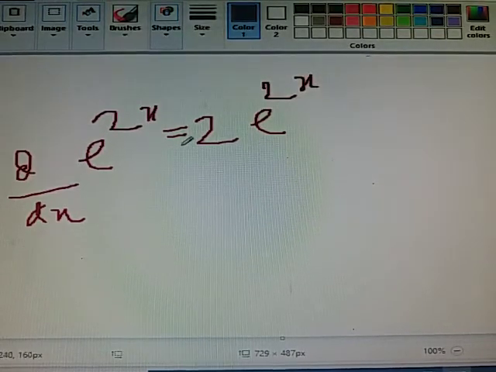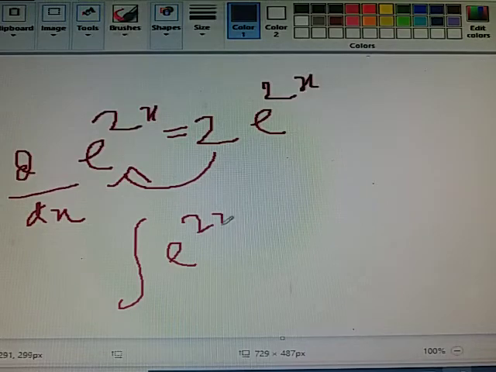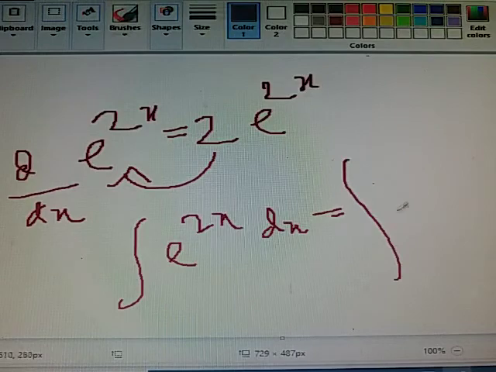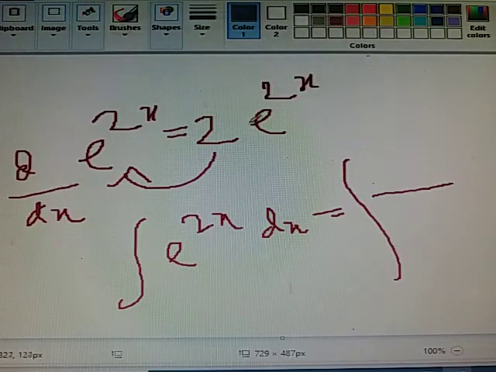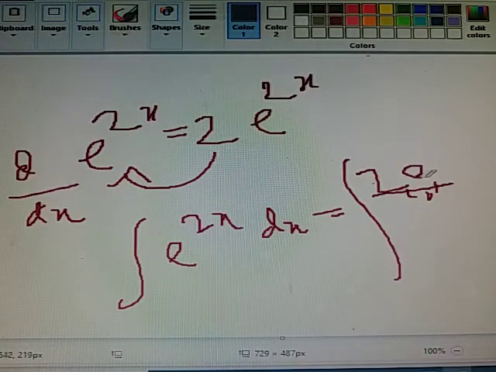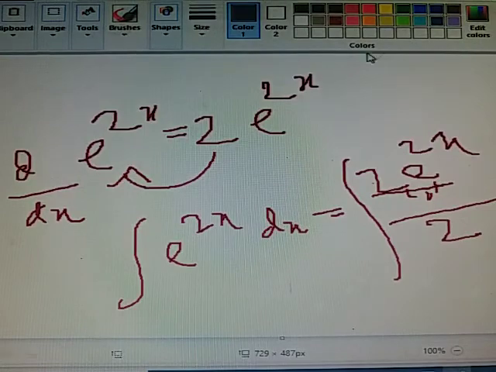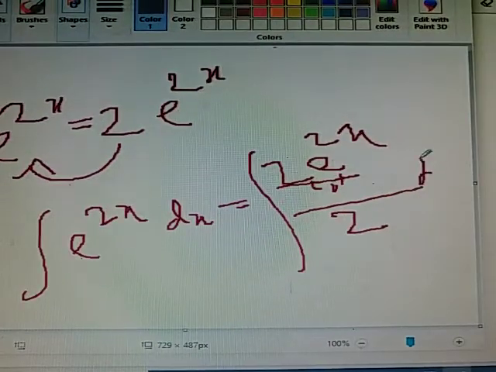So integration of e to the power twice x, you bring this to this side. You may write it as integration of 2 e to the power twice x divided by 2, because you are multiplying and dividing by 2, with dx.